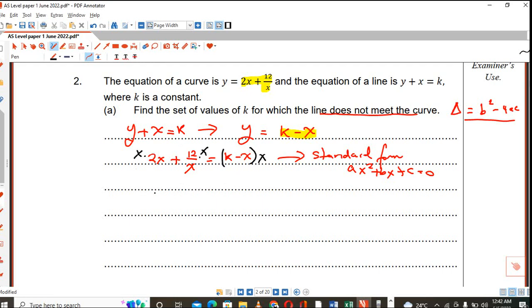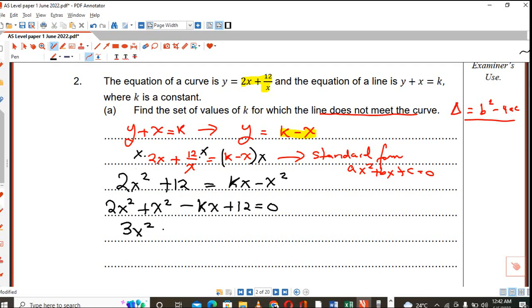It's totally up to you. So I'm going to have 2x squared plus 12, the x's cancel, equals, on this side, kx minus x squared. So that's 2x squared plus x squared minus kx plus 12 is equal to 0. That gives me 3x squared minus kx plus 12 is equal to 0.